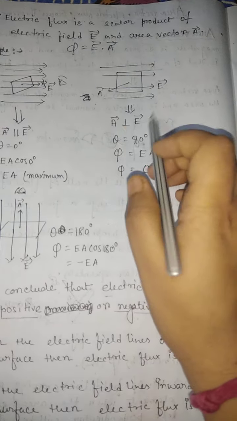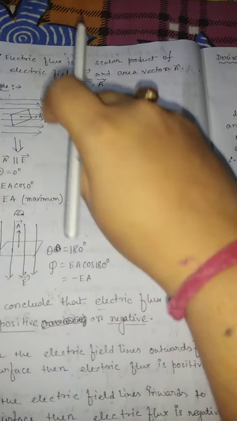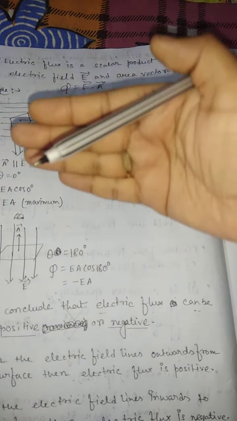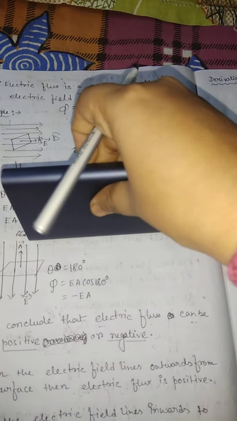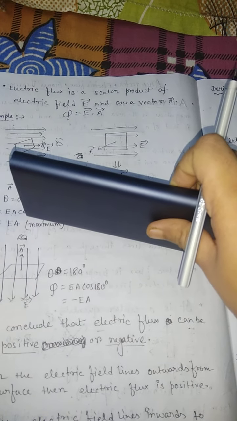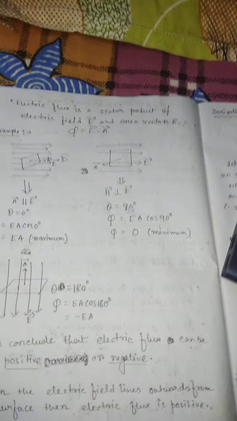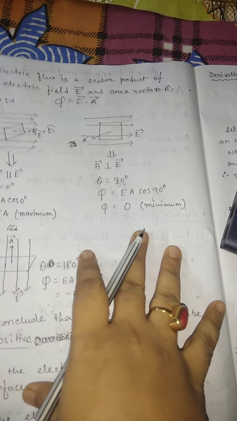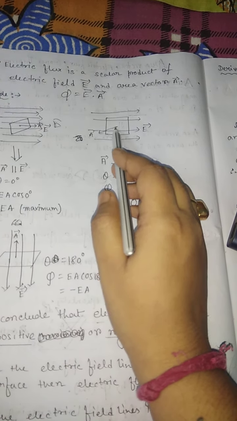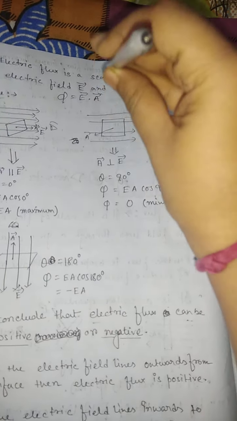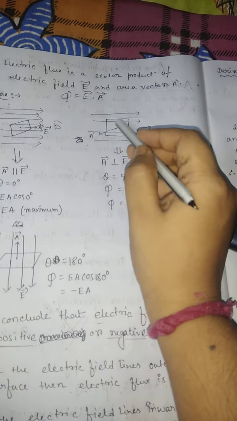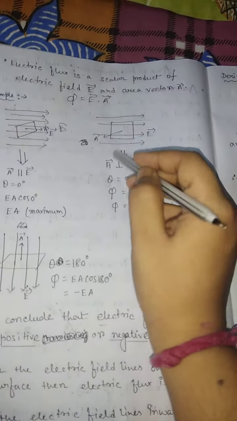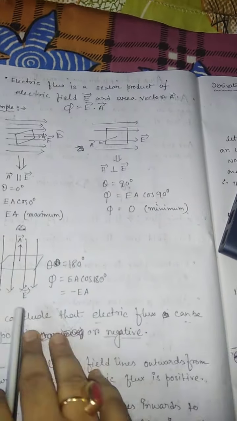Now in the second figure, this is the uniform field direction, and we place the surface this way. The electric field lines pass through this way, and the observer is towards your mobile screen. It is not drawn that way because it is perpendicular towards your eyes, so we draw it on this side.